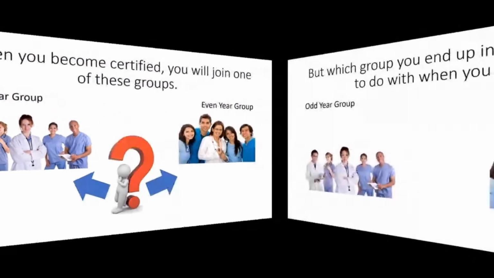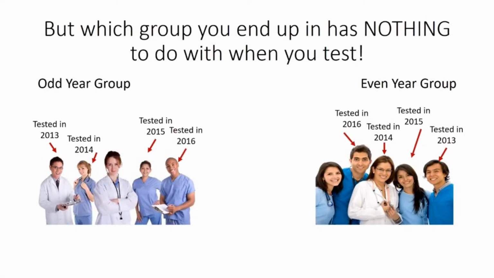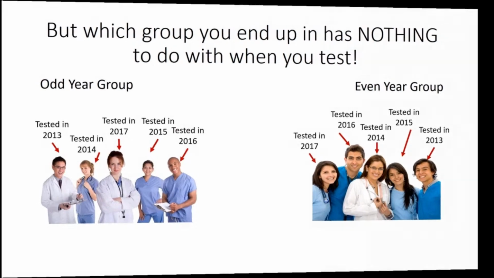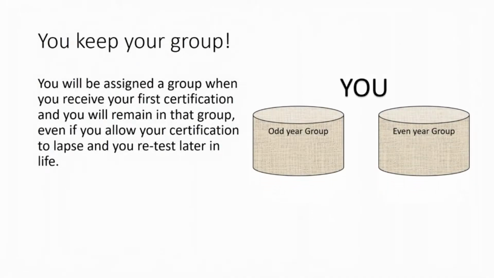But which group you end up in has nothing to do with when you test. You will be assigned a group when you receive your first certification, and you will remain in that group even if you allow your certification to lapse and you retest later in life.